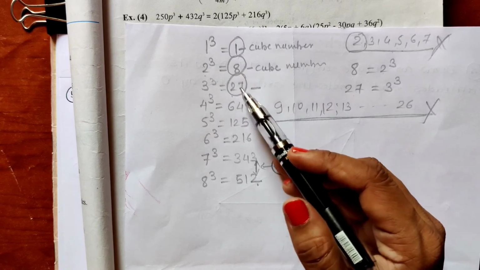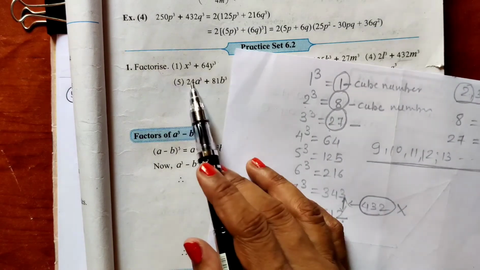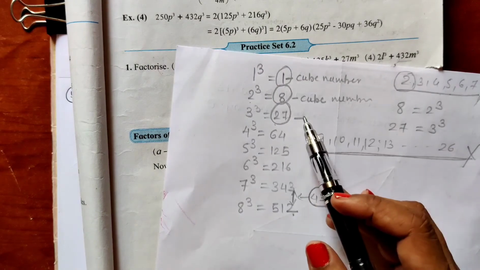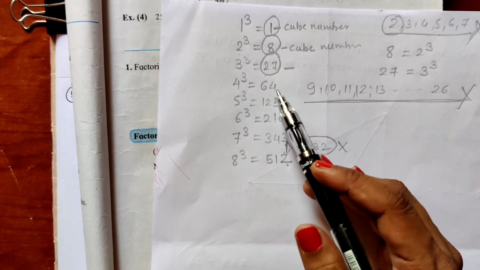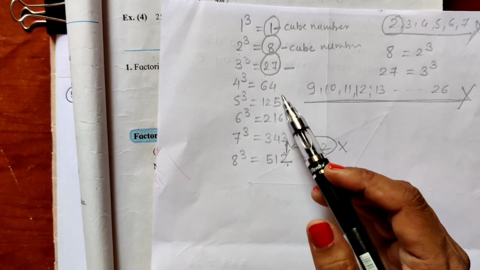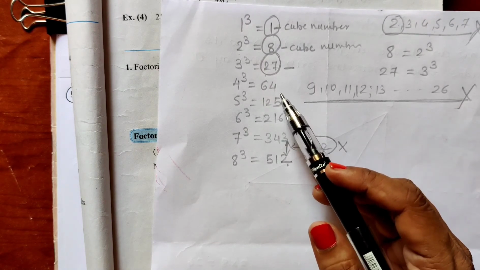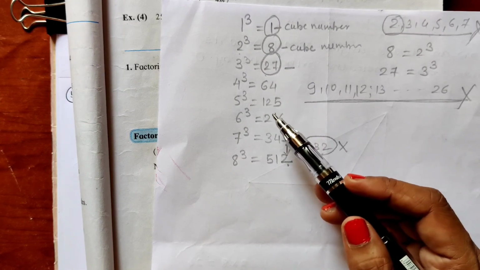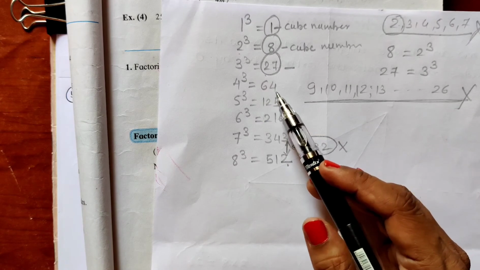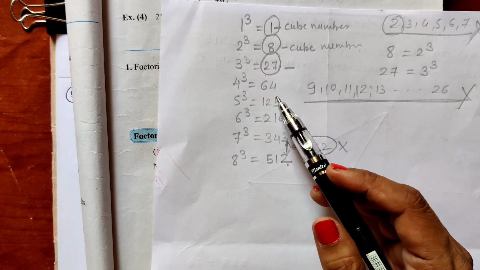In between 8 and 27, 24 is there and 24 is not a cube number. Similarly 81, we can see that 64 and 125, in between these two numbers 81 comes somewhere, and that 81 is not a cube number because 64 is a perfect cube, 125 is a perfect cube, but whichever number comes in between, they are not cube numbers.